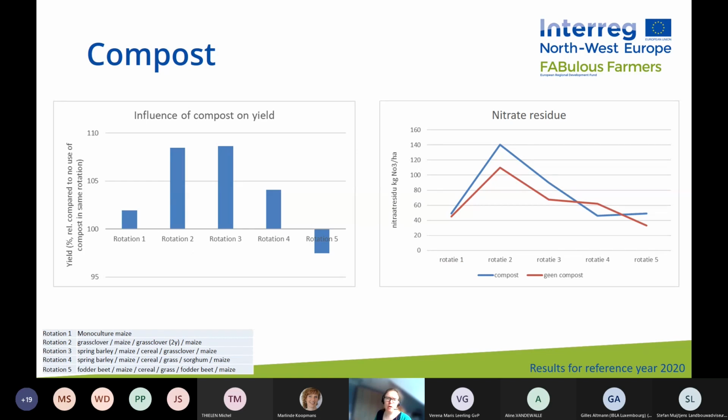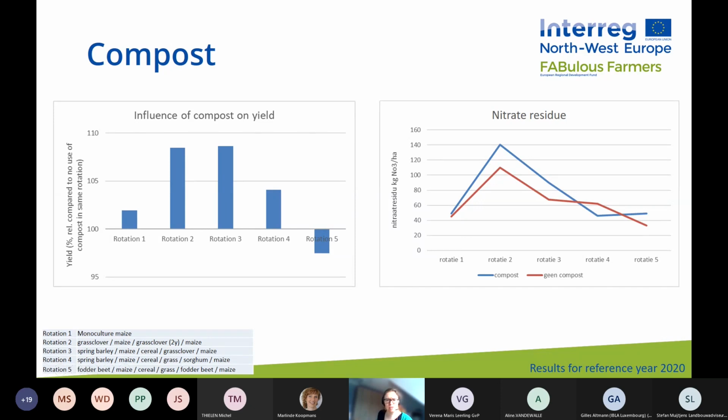Then on the part of the compost used in this trial, so here you see the results. It's always compared to the same rotation with no use of extra compost, and here you see the yield compared to that with the use of compost.